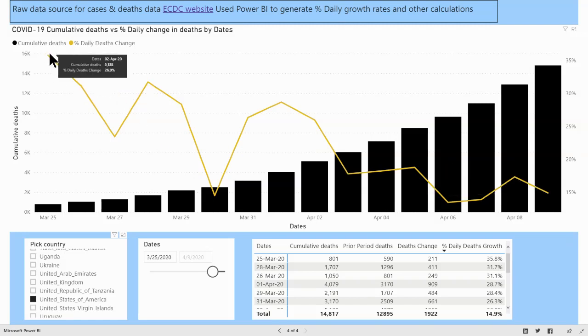But the general trend is a downward trend in terms of growth rates. There would have been a time when it was growing at 31% and such high rates, and then it went down to about 28%, and now it's down to about 15%. So the number of cases is increasing, but at a decreasing rate, but it's still a worrisome situation.